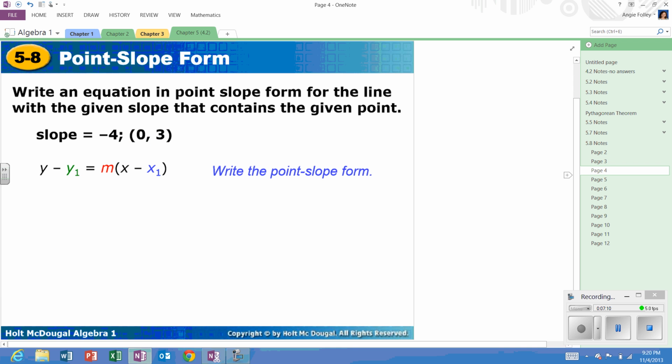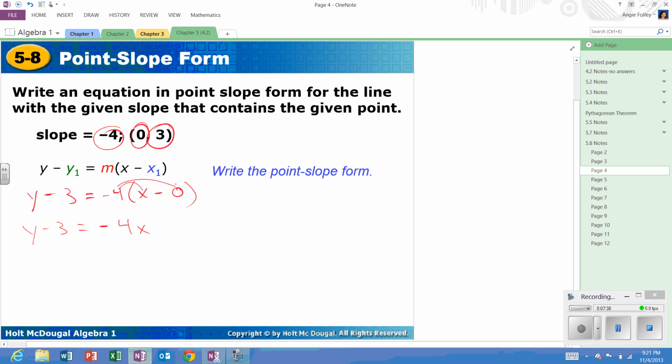Okay, next example. Write an equation in point slope form for the line with the given slope that contains the point. So I'm just going to plug in my y1, plug in my slope, and then plug in my x1. If I distribute now, this becomes minus 4x.